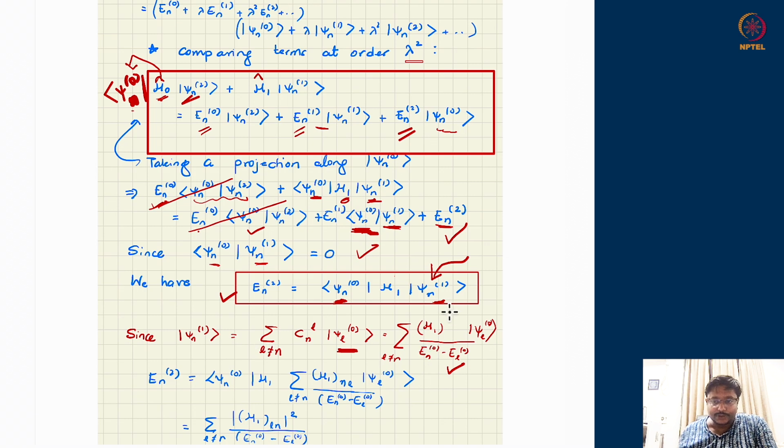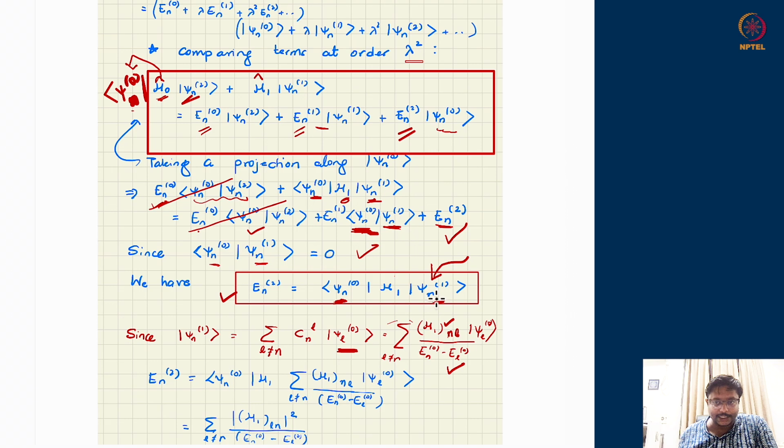Okay, so just a second. So this is psi l0 in the product. These C_nl are the off diagonal elements of the perturbation Hamiltonian squeezed between n and l from left and right, with the energy difference in the denominator.